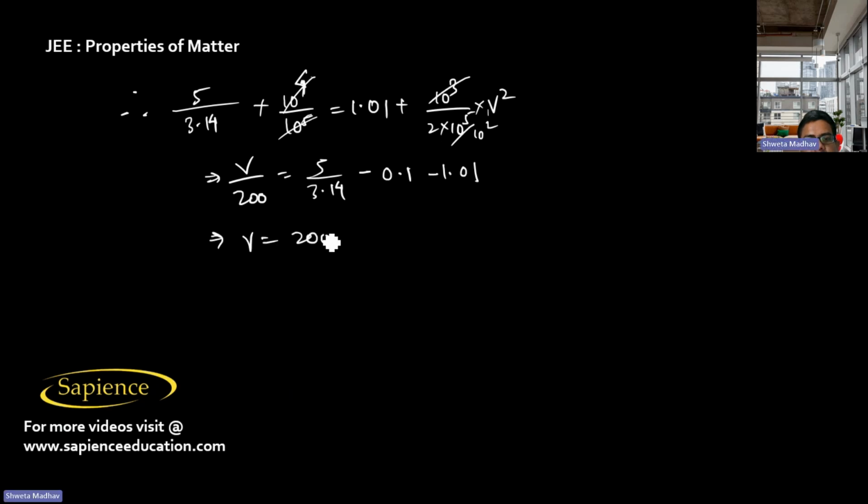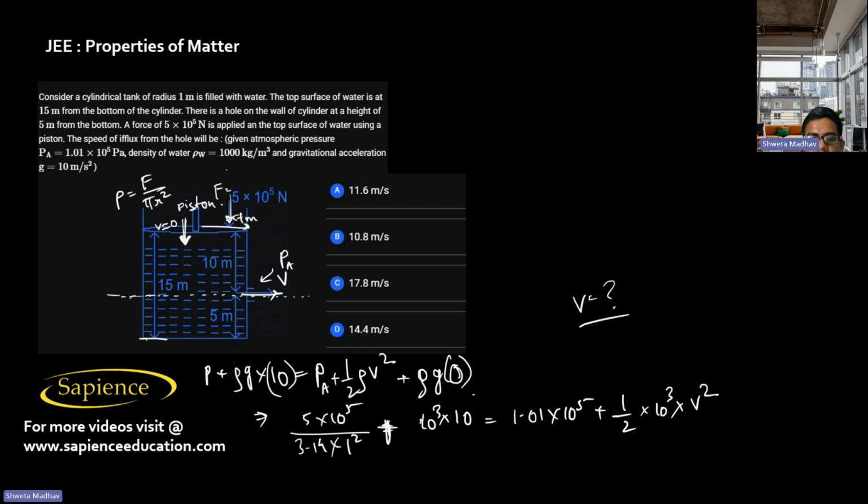V square will be equal to 200 into 5 by 3.14 minus 1.11.